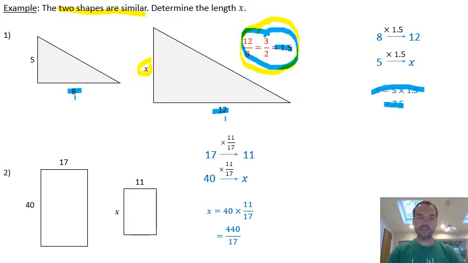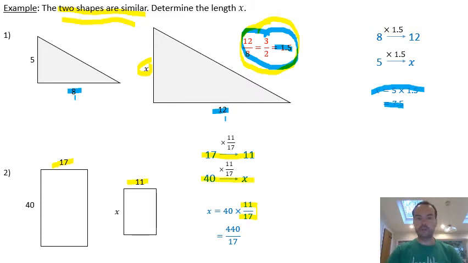So in this second question, again, we're told they're similar. It's not necessarily true of rectangles, but in this case we're told it is. Then what have we got? We've got the 17 and the 11 to tell us the scale factor. If we want to go from 17 to 11, we can multiply by 11/17. If we want to go from 40 to the x, we can multiply by 11/17.